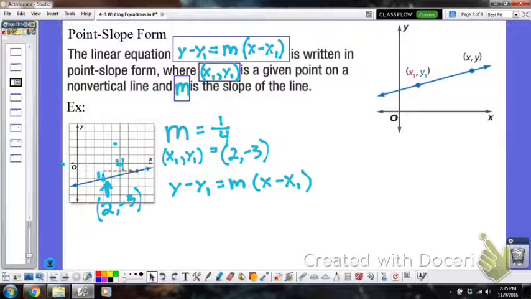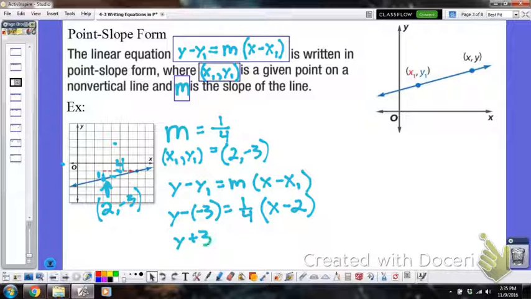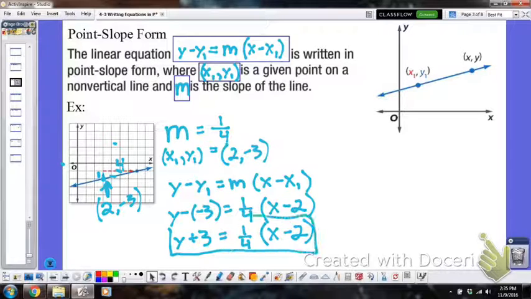I know that y1 is -3, so that gives me y minus -3 equal to the slope 1/4 times x minus x1, and x1 is 2, so minus 2. Just doing a little simplifying, I can take this negative times a negative here, make it a positive, so I have y plus 3 equals 1/4 x minus 2. So this, ladies and gentlemen, is an equation of a line.